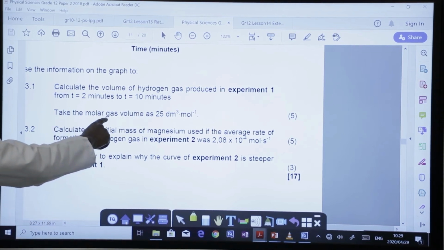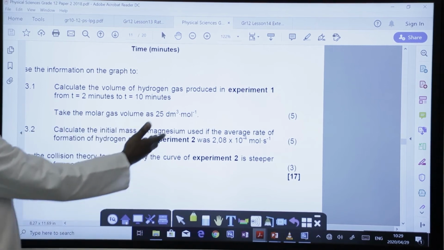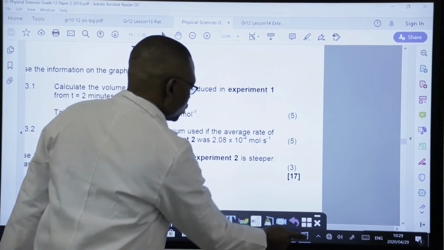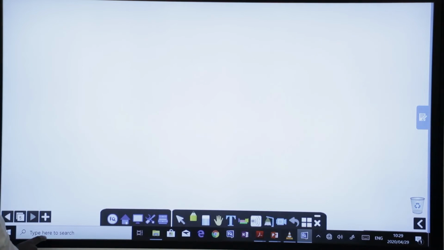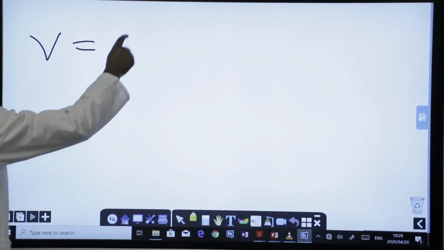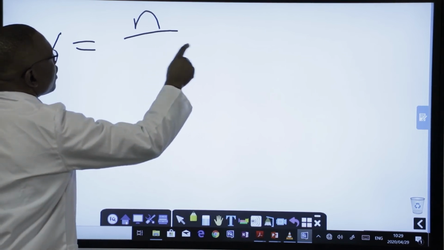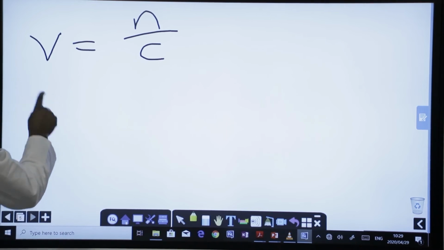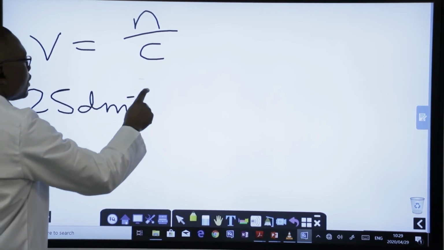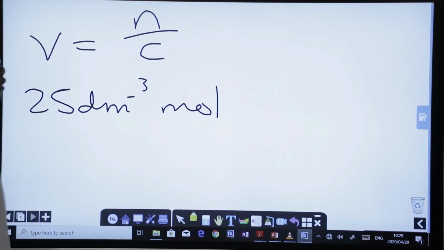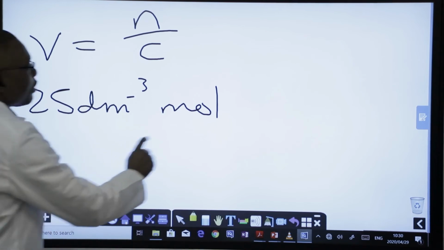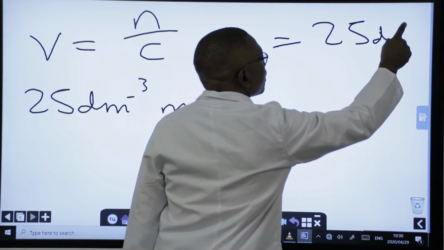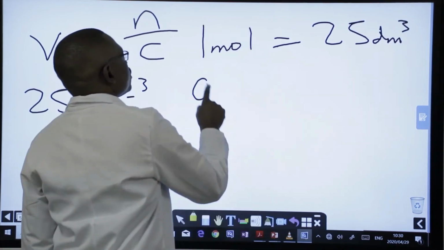They say that take the molar gas volume as 25 dm cubed per mole. So if we are told that the molar volume is equal to 25 dm cubed per mole, so we'll say if 1 mole is equal to 25 dm cubed, what about 0.1 mole?